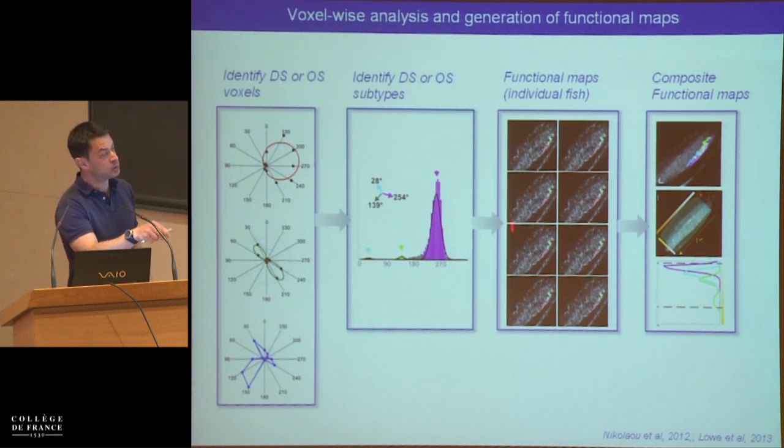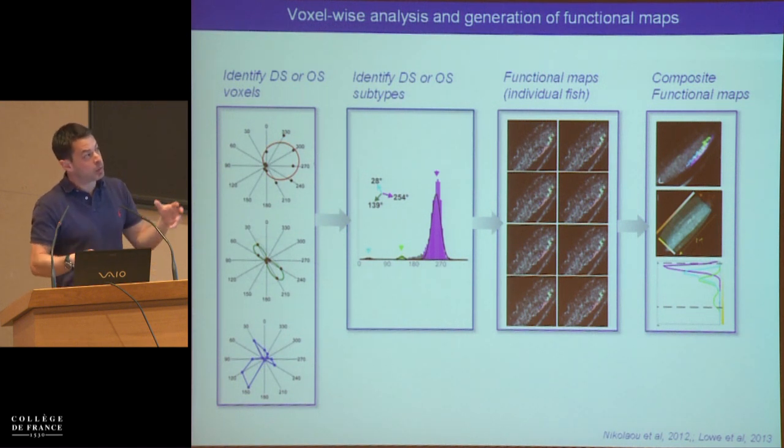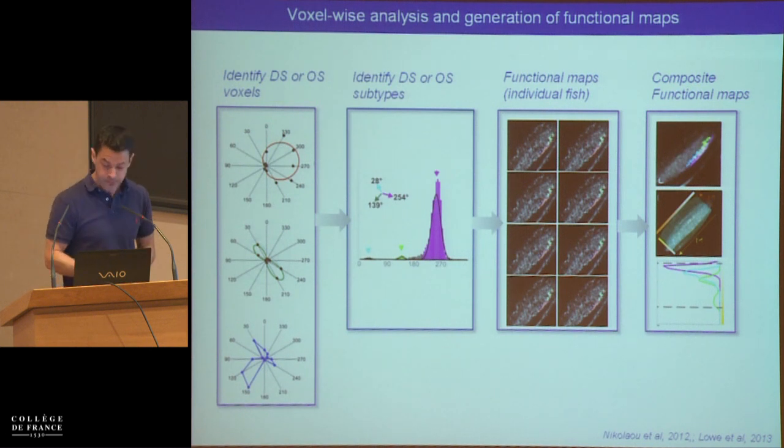So what we're doing is generating functional maps of individual fish showing what subtypes are in the tectum and where those responses are occurring. Once we've done that, we grab all the individual functional maps, and we put them together to make a standard composite map. So this is a much more robust measure of what subtypes target the tectum and where they are.